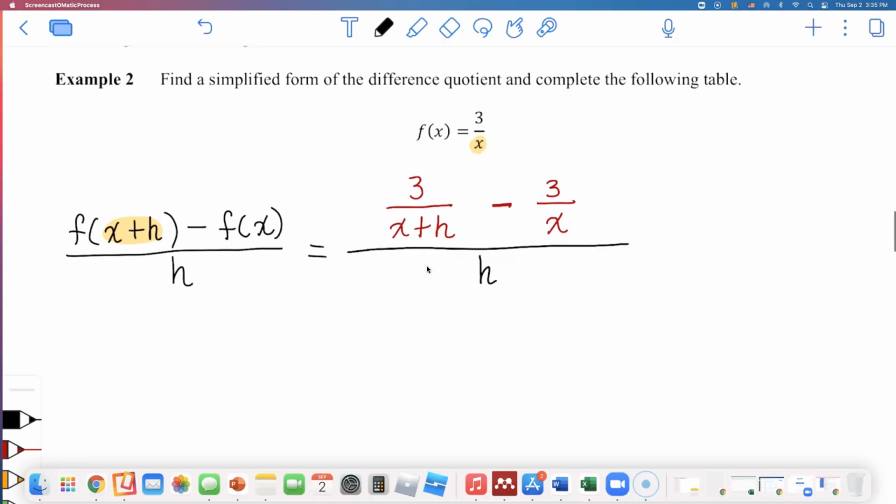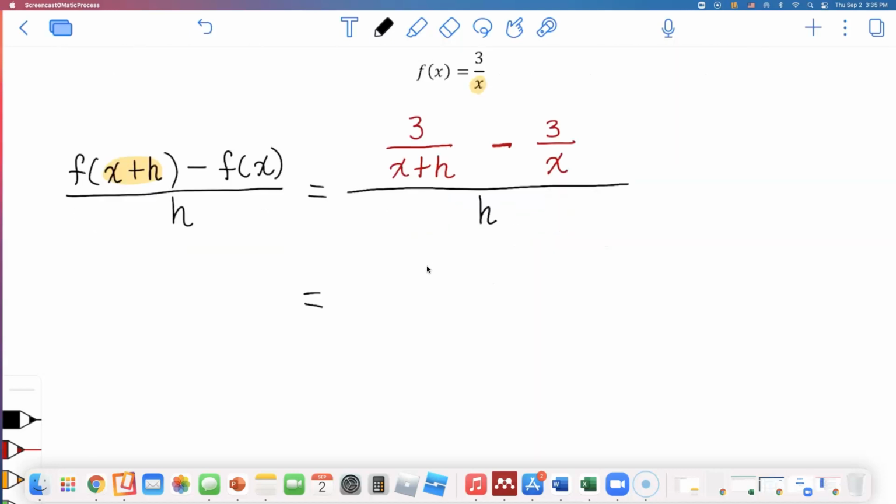So how about I use some room down here? I'll say this is 3 over x plus h, I'll put my original denominator in the parenthesis, minus 3 over x. And when I'm done subtracting these, you notice what I wrote down is just the top of the fraction.